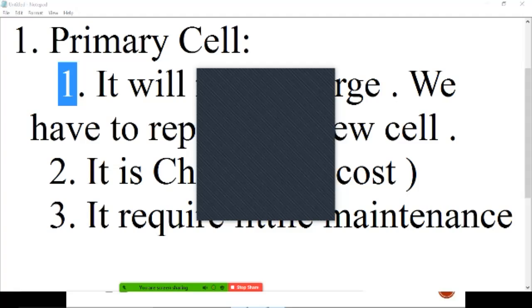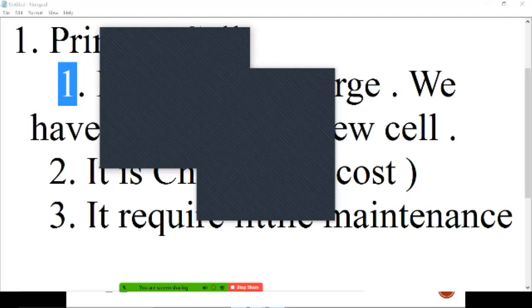So, an electric cell that produces current by an irreversible chemical change. Very good. Anyone? Let us see. Garv Gujarati, yes, ask your question. Good morning, sir. Good morning. Tell me your question, please. Sir, which chemical is there in the cell which produces electricity?